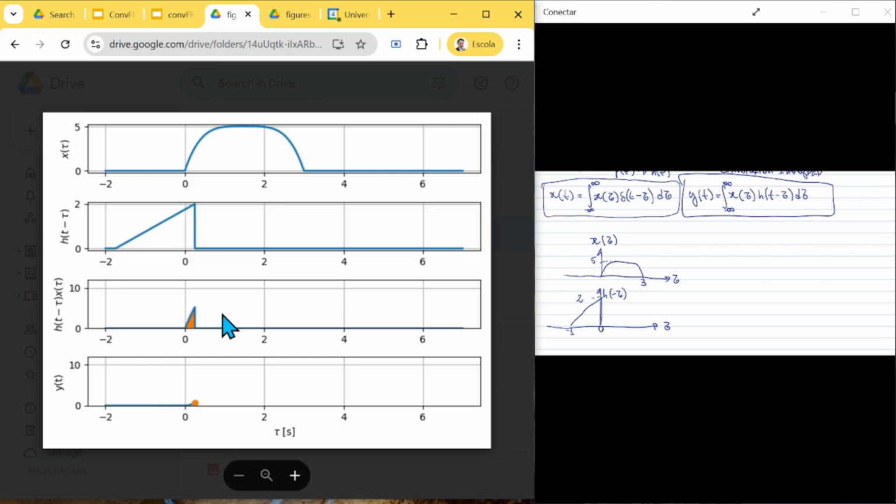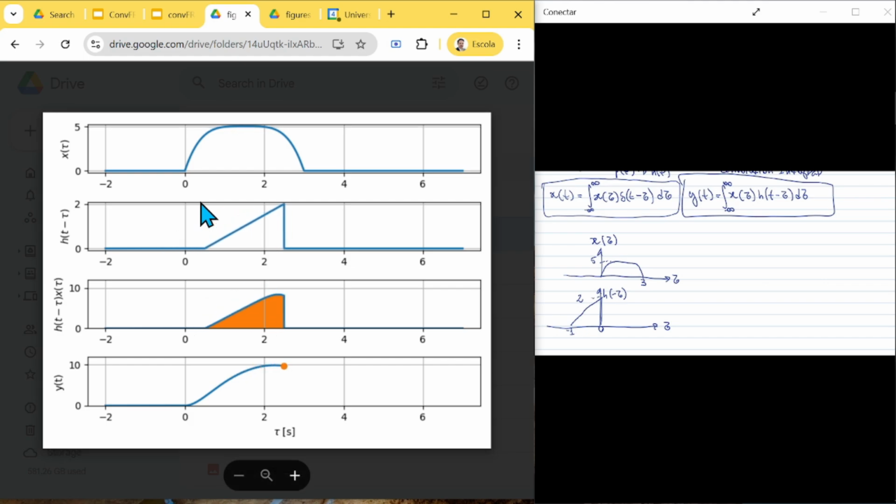But then for t greater than or equal to 0 until 2, what I have is the following case. I have the product, something that starts at 0 and ends at, what is this? This is t. So from 0 to t, I have to integrate this product.